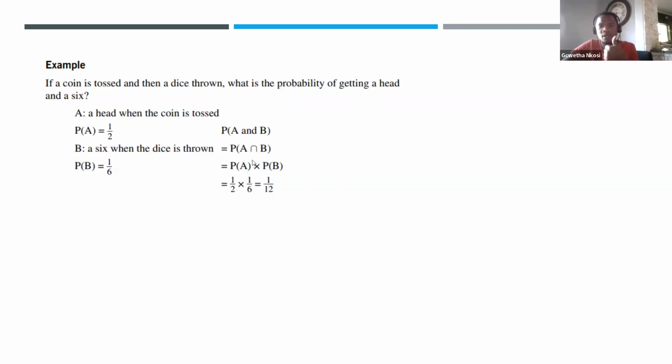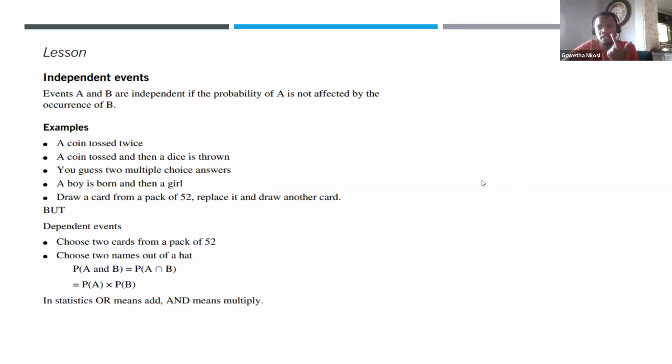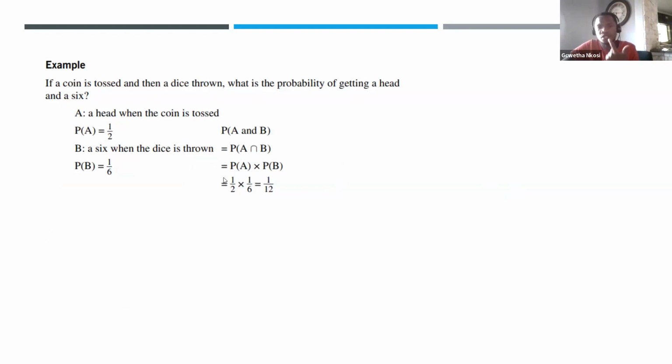So you multiply the probability of a head by the probability of a 6: 1 times 1 is 1, 2 times 6 is 12, so it's 1/12. Be mindful of that. First, you must understand the sample space of a coin that is being tossed once, and the sample space of a die that is being thrown once. These are the things you should be mindful of. I'm not so sure whether it makes sense.